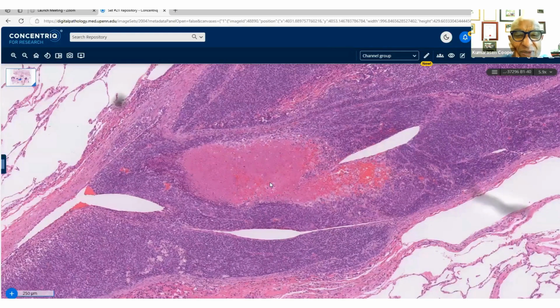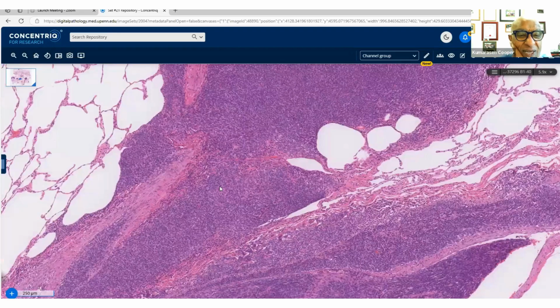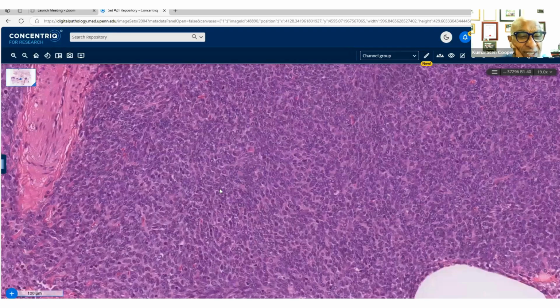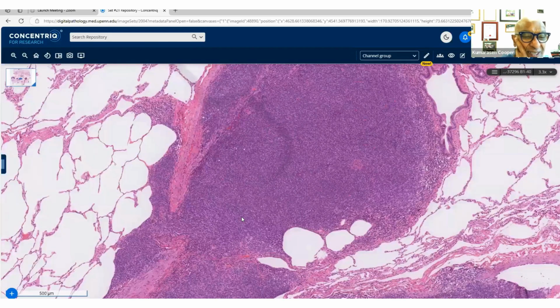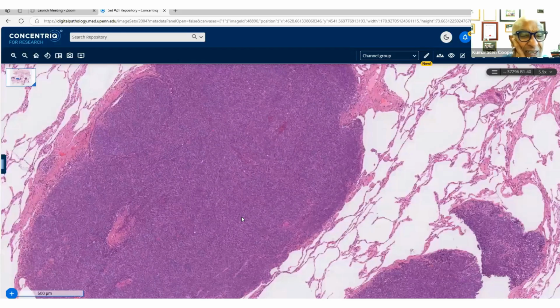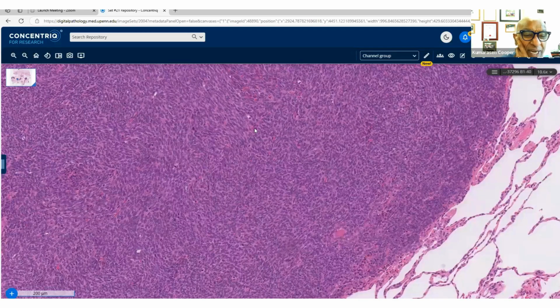Okay, so let's look at the morphology. It's very blue. It's very cellular, highly cellular. Okay, I'm showing it to you on higher power so you can appreciate the morphology. And then here as well, you can see the pattern.